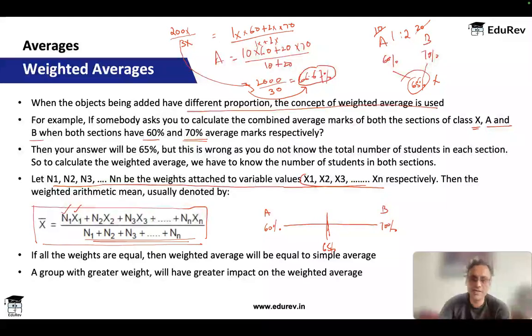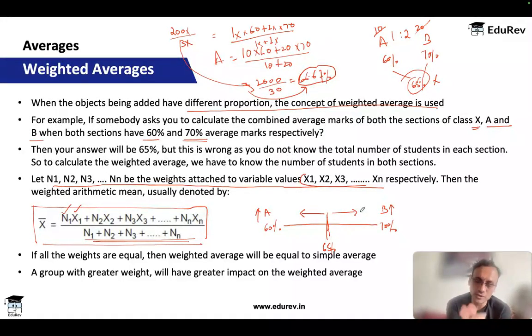If A has more students, they will pull the average towards themselves, and the average will be between 60 and 65. If the students in B are more, they will pull the average towards themselves, and the average will be between 65 and 70. Okay, so understand this, very, very important.